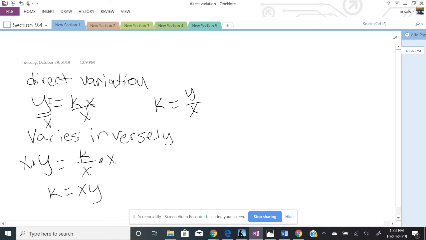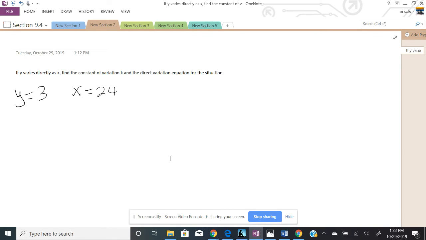You only really need to know two of these equations because you can come up with k all by itself using just some simple algebra, but you can have both sets of equations for each one. So you might get something that says if y varies directly as x, find the constant of variation k and the direct variation equation for the situation.